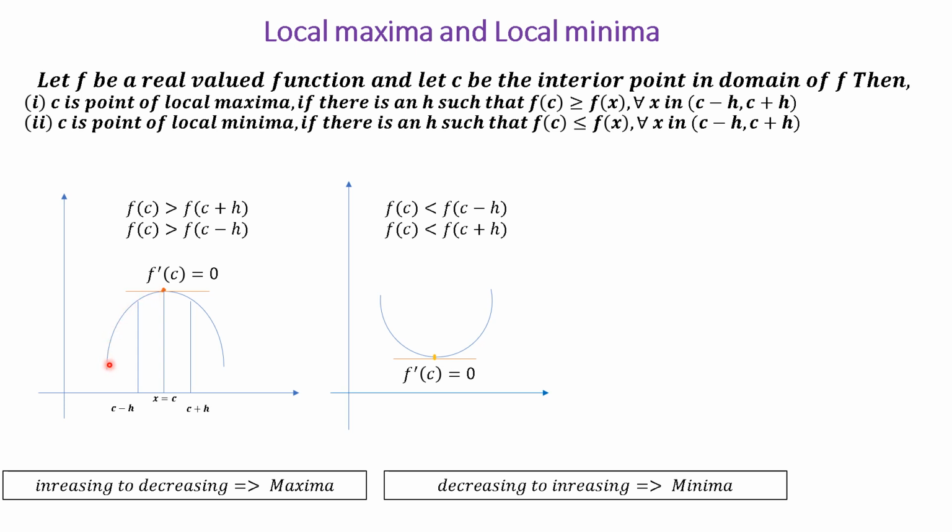That means you will get dy by dx greater than 0. That means slope is greater than 0, which means the curve is going upwards. The graph is increasing over here. So this is the C minus h case, and this is the C plus h case.